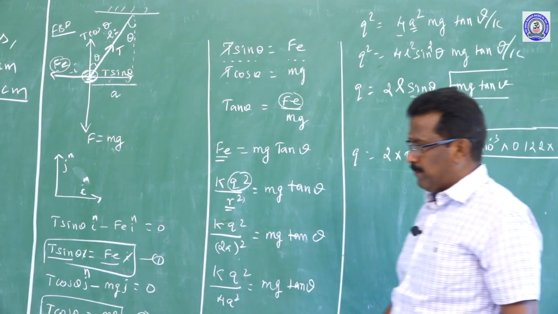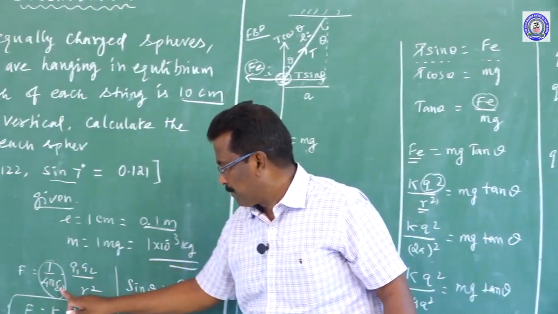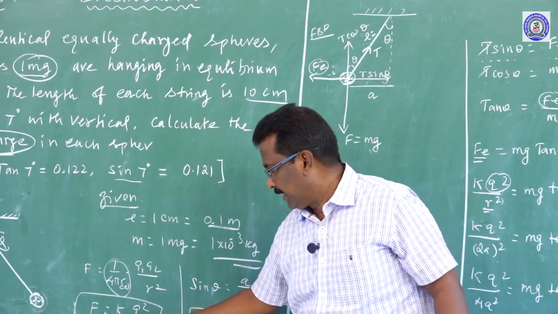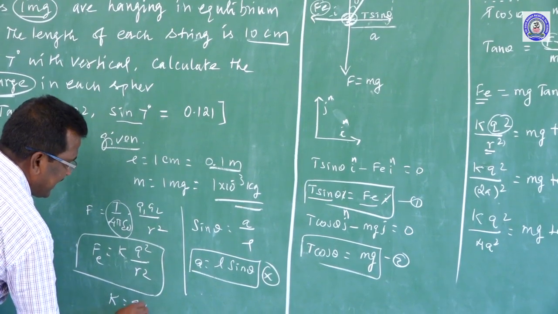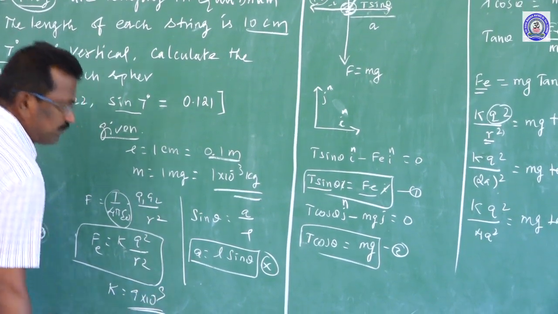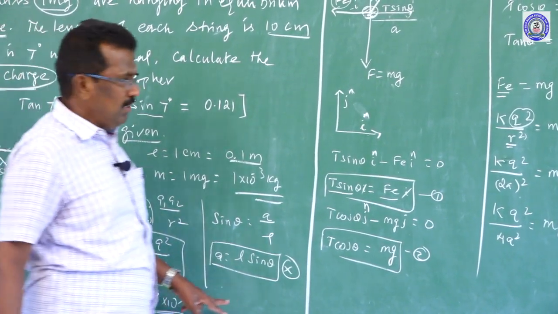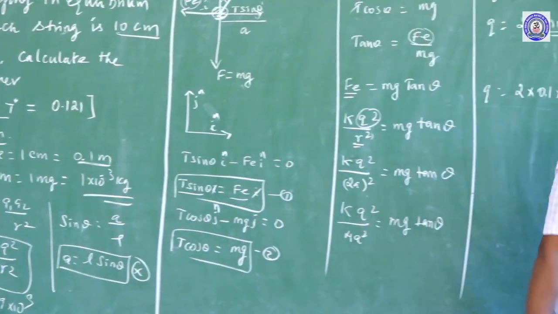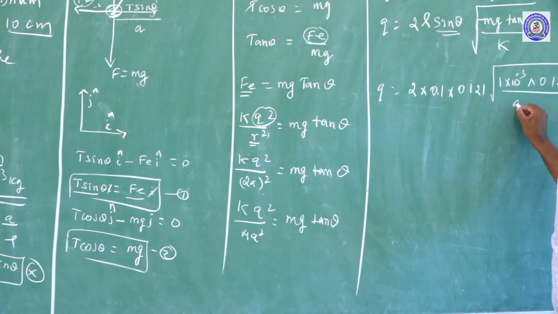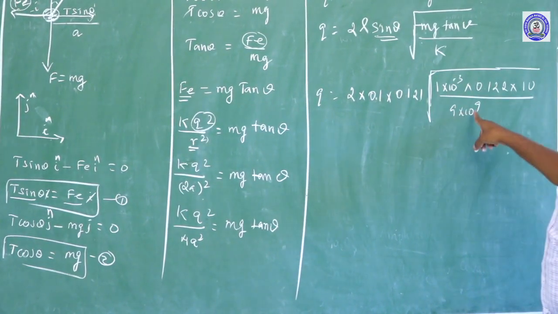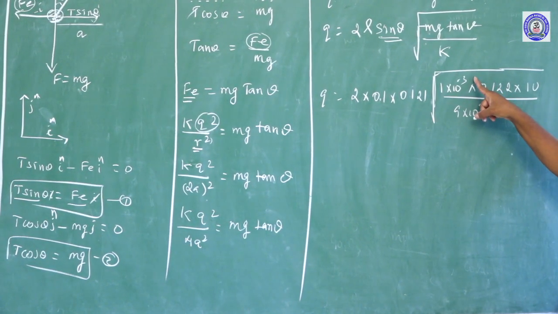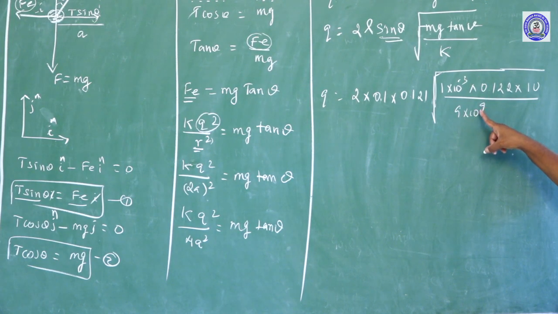What is K? 1 by 4 pi epsilon naught is equal to K. We know that K value is 9 into 10 power 9, it's a magnitude. Substitute there 9 into 10 power 9. When 10 power 9 goes up, it becomes minus 9; minus 9, minus 3, minus 12.